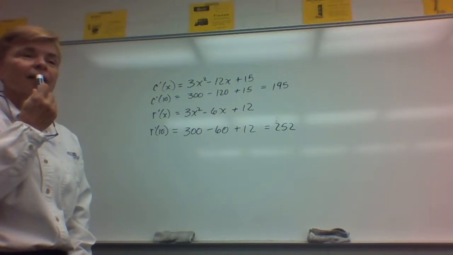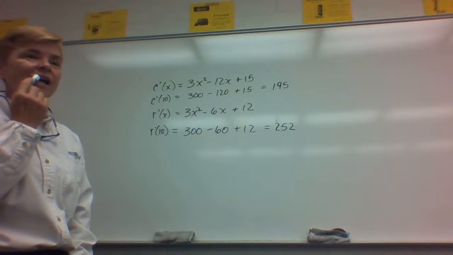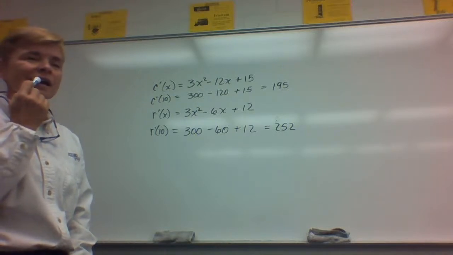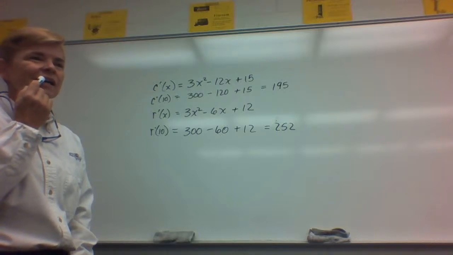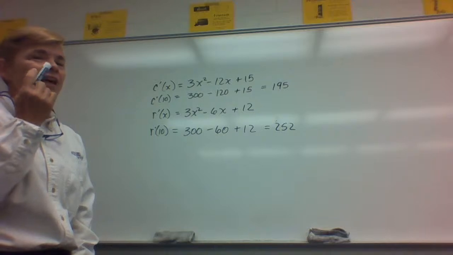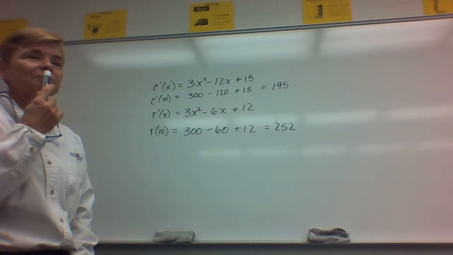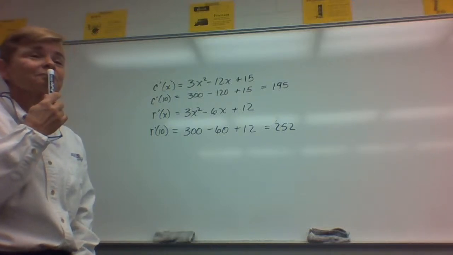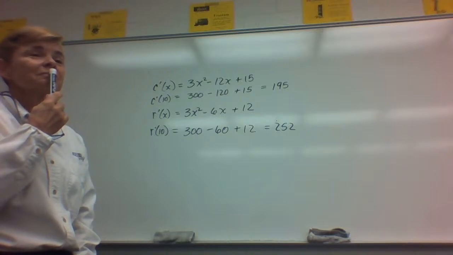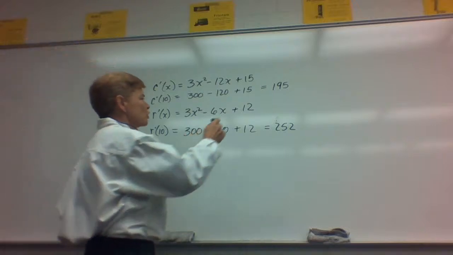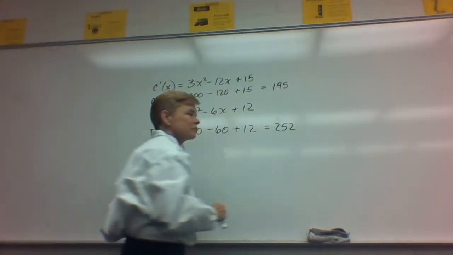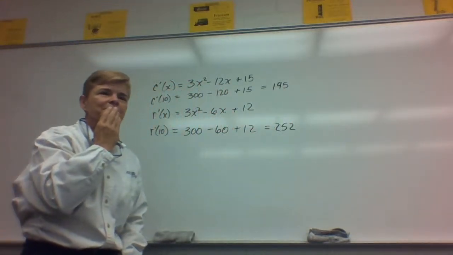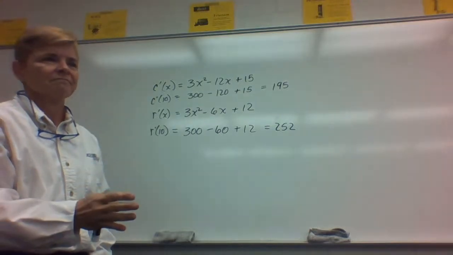For every extra radiator you produce, you make $195. At 10, that would be a revenue explanation. That's okay, but that's not correct. So switch 195 and 252. If you took this minus this, that would not be revenue, that would be profit. It would be marginal profit.